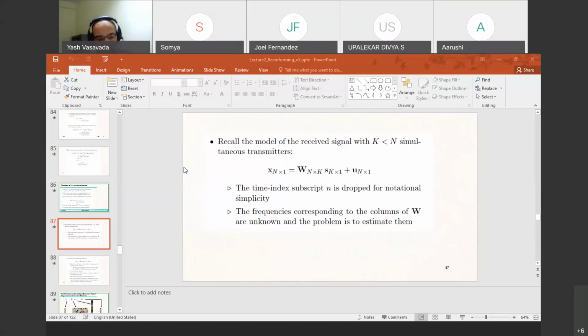We also looked at the mathematical formulation of the autocorrelation sequence of the incoming signal. And we saw that if we take Fourier transform of that, we get the ideal power spectral density, which is essentially a summation of several direct delta functions in the frequency domain.